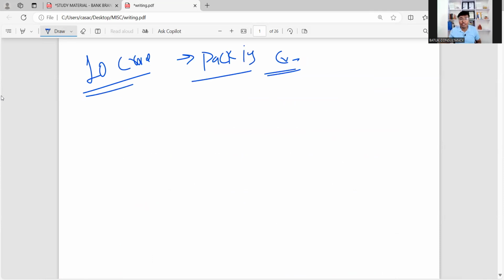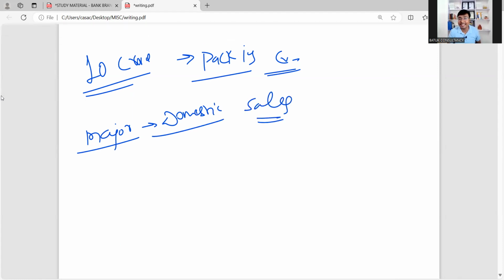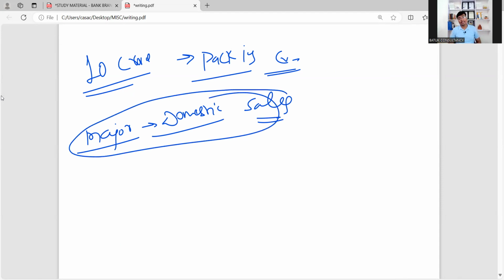And when you check the financial statement, the major sales is domestic sales. In that case, this is the indication of fraud. उसने packing credit ले रखी है और वो domestic sales ही कर रहा है. In that case, ये fraud है.